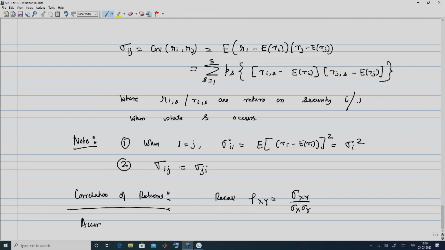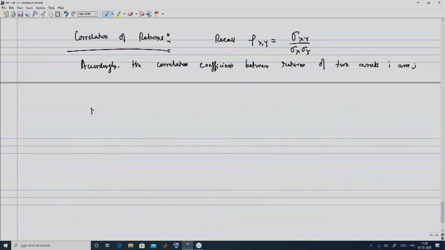So, accordingly, the correlation coefficient between returns of two assets I and j is given by, and I will denote this by the notation rho I j, sigma I j over sigma I into sigma j.